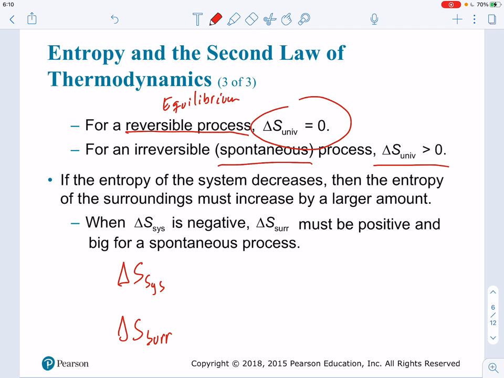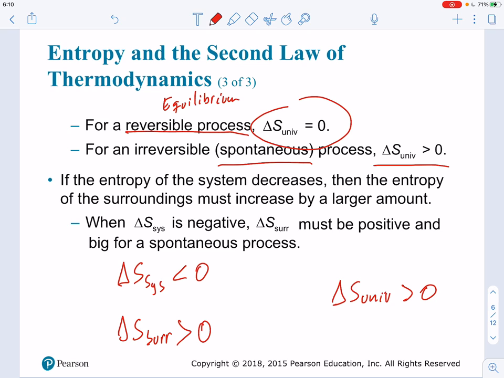Remember, for the process to be spontaneous, the change in entropy of the universe has to be larger than zero, correct? Now, you may have a process where the change in entropy of the system is less than zero. You can still have a process that is spontaneous. It just means that the change in entropy for the surroundings has to be larger, okay?